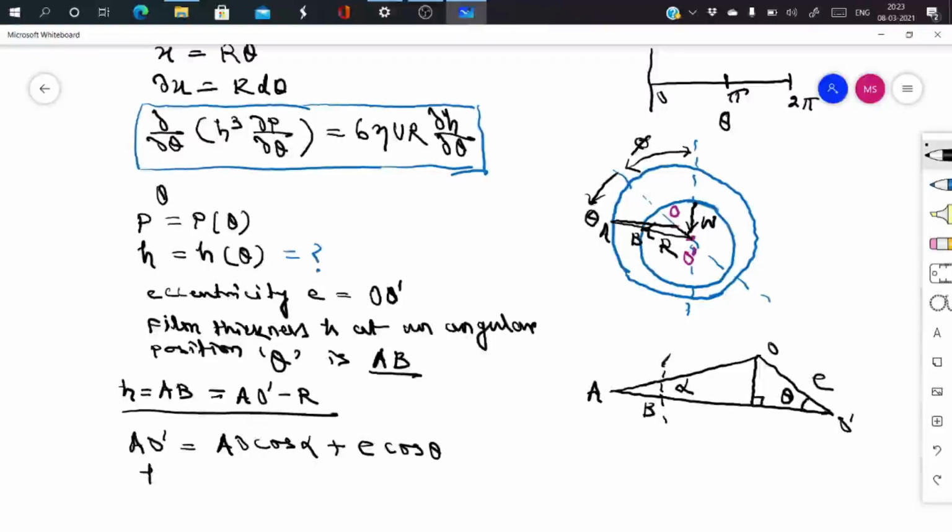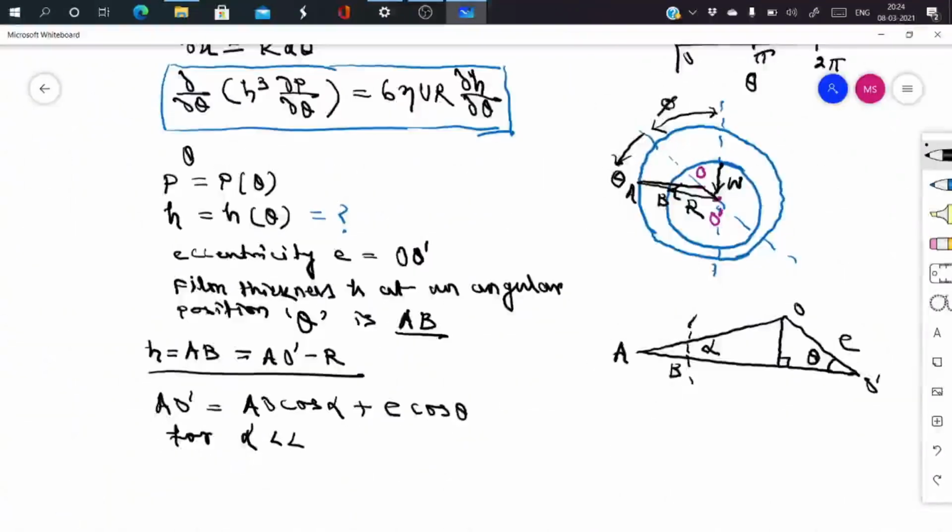Now for alpha to be very small, then AO dash will become R plus C cos alpha plus E cos theta. So what is AO? AO is the radius of the bearing, RB, let's say.